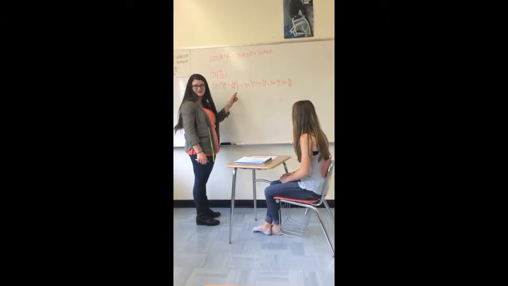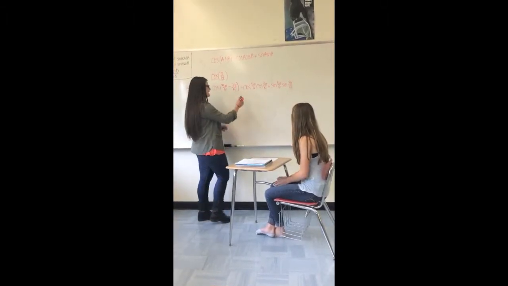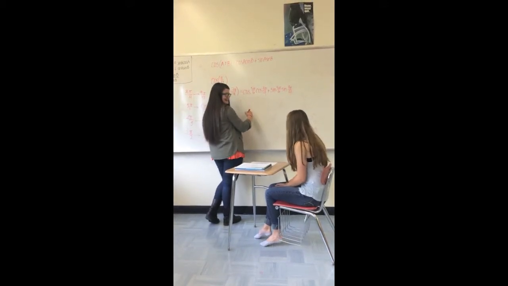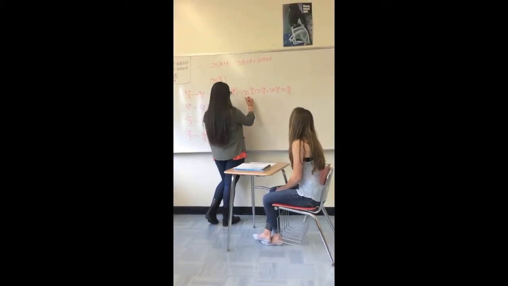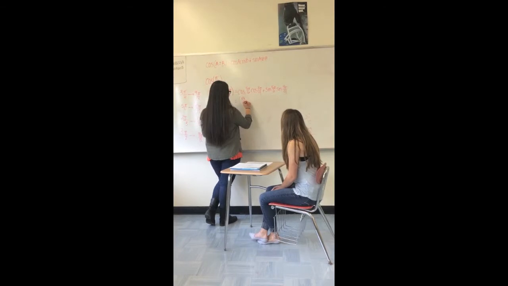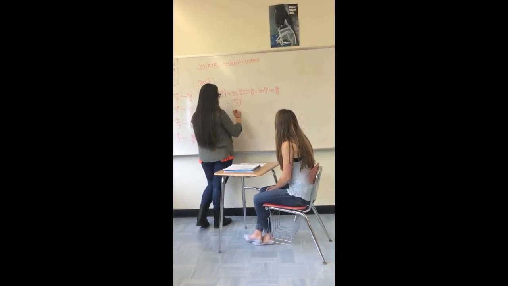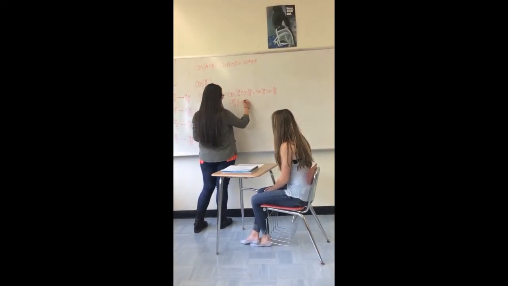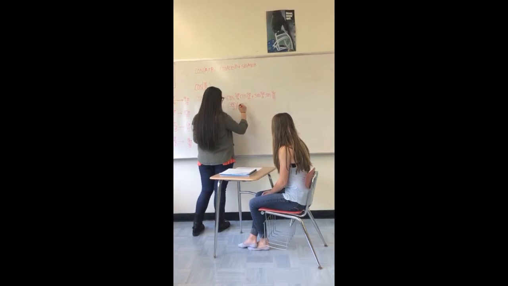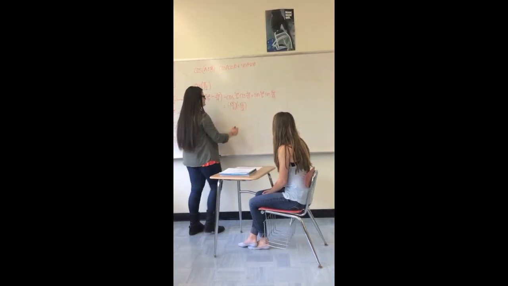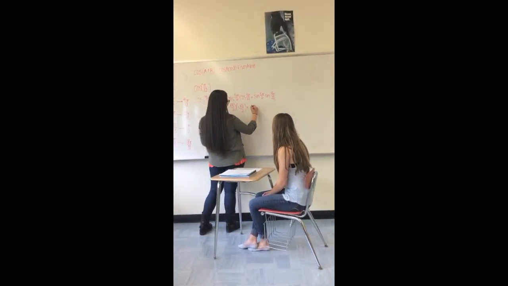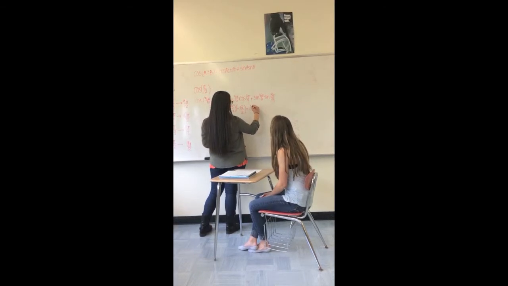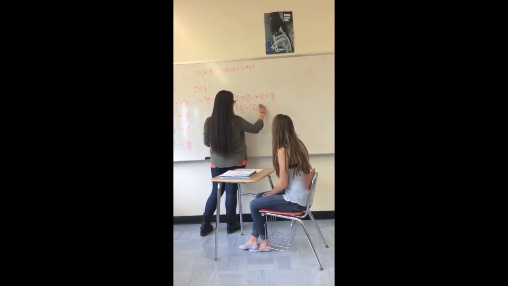We're just going to find the values of these numbers: the cosine of 5 pi over 6 is negative radical 3 divided by 2, times negative radical 2 divided by 2 because cosine in the second quadrant is negative, plus 1/2 times radical 2 divided by 2.